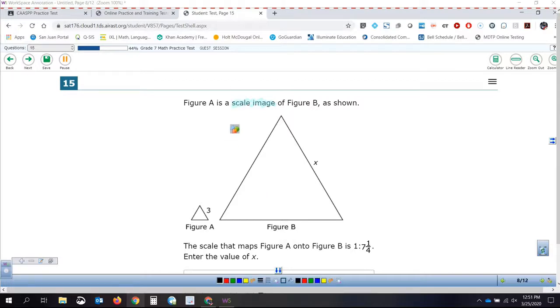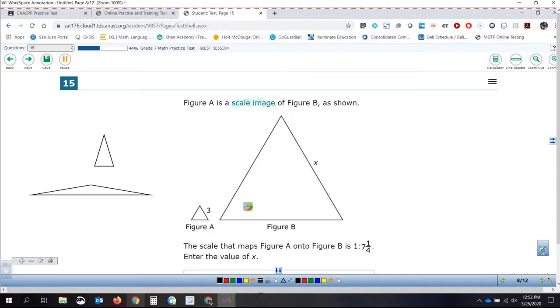All right, but there's more to being a scale image than just being a triangle. So I'm going to go ahead and make a triangle like this, and then I'm going to make a triangle like that. Are they both triangles? Absolutely. Are they scale images of each other? Absolutely not. If you compare these two and compare these two, what do you notice about these two triangles versus these two triangles?